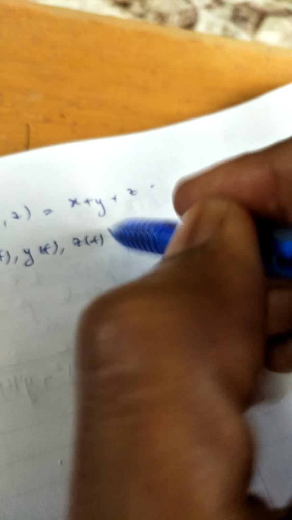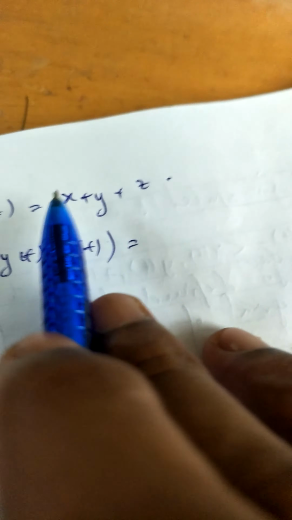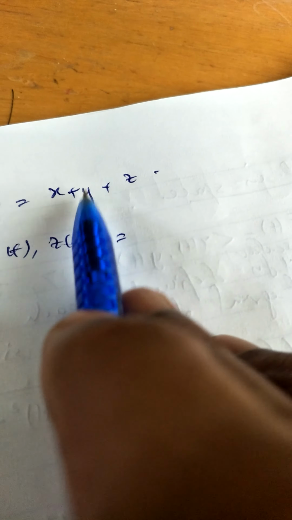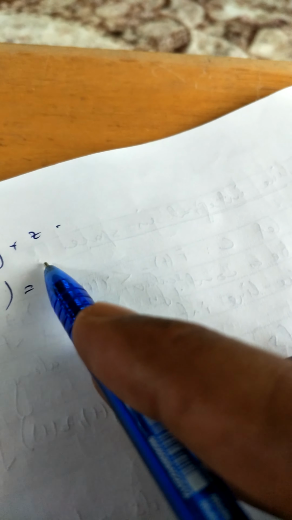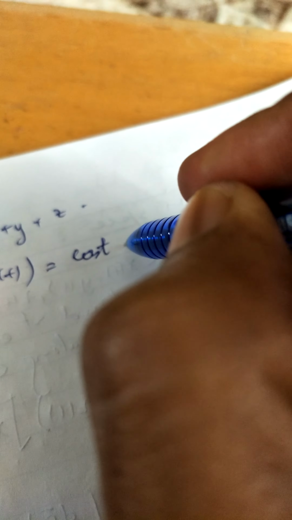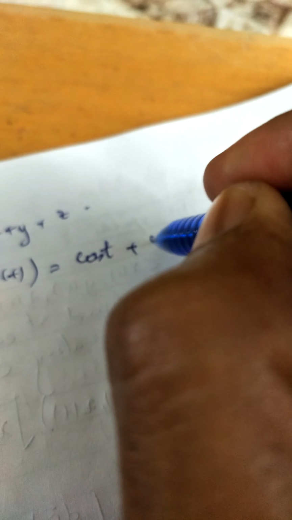If you want to write it in terms of t, we need to substitute each of these x, y, z with the appropriate component given in the position vector. So x is cos t, plus y is sin t, and z is t.